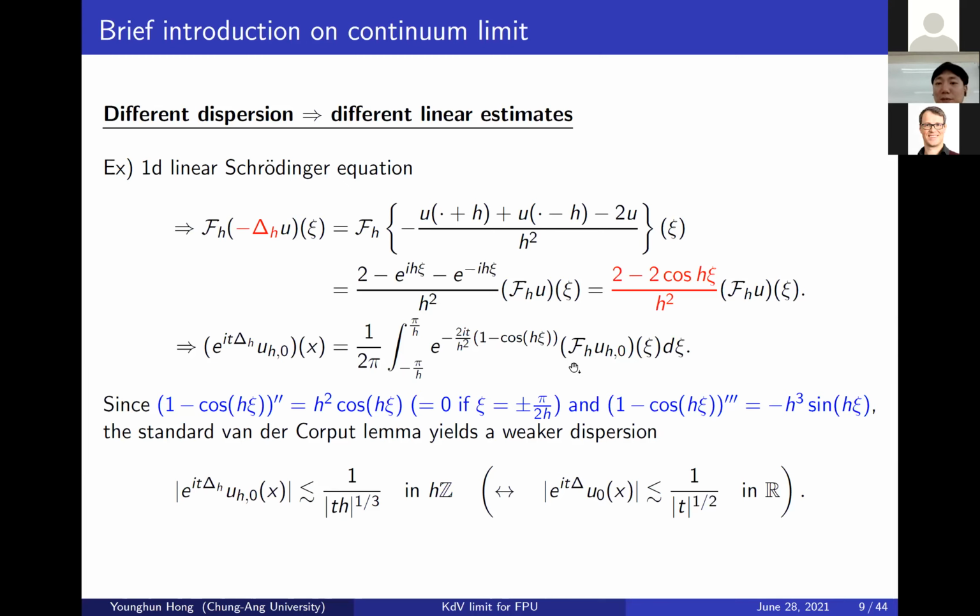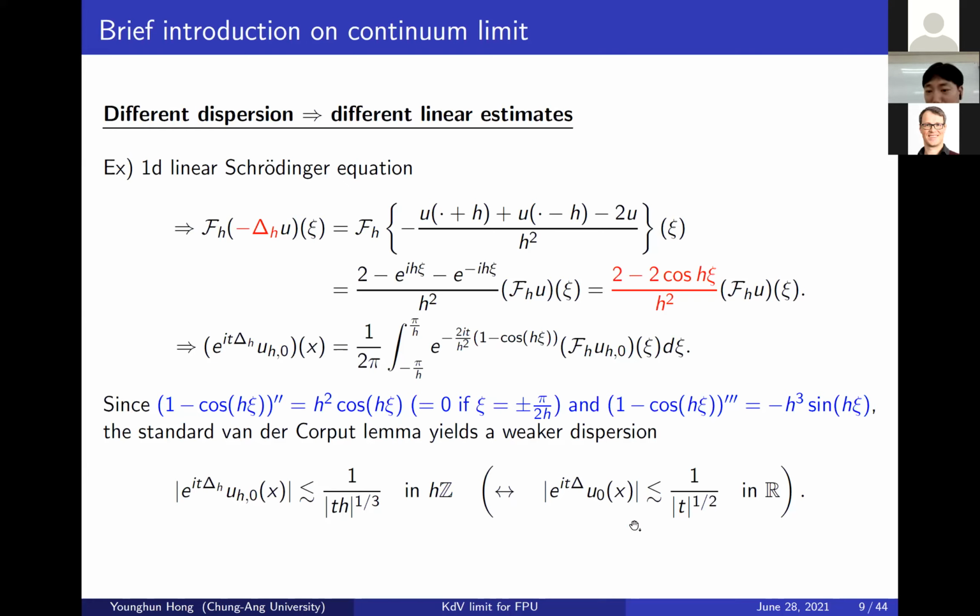But here, a key difference from the continuous PDE problem is that we have a trigonometric phase function rather than a quadratic one, and it makes a huge difference because, unlike the quadratic, this phase function may have a zero second derivative. So like this. But fortunately, when the second derivative is 0, the third derivative is not 0. So by the van der Corput lemma, we can get some dispersion estimate.